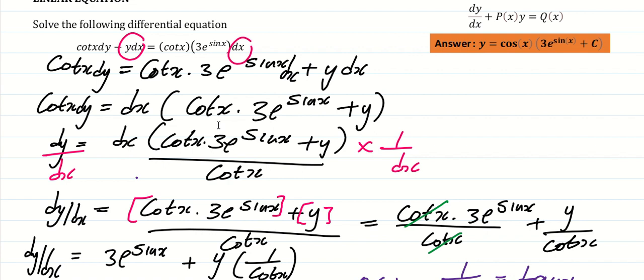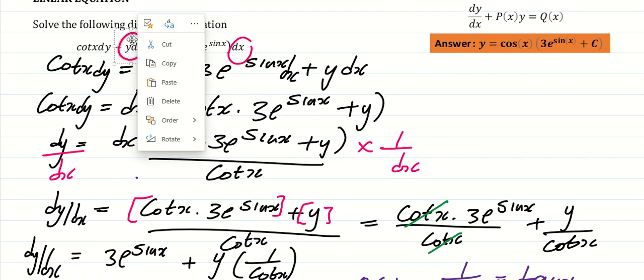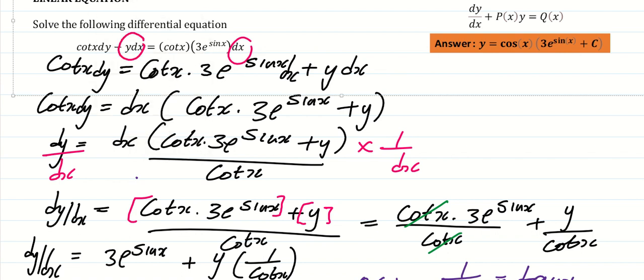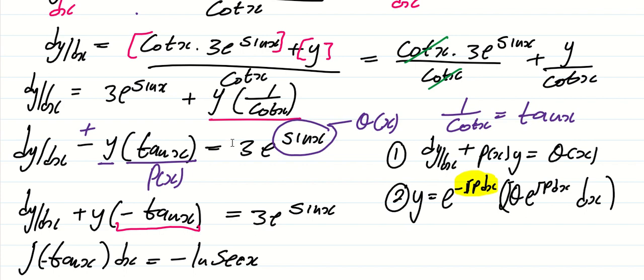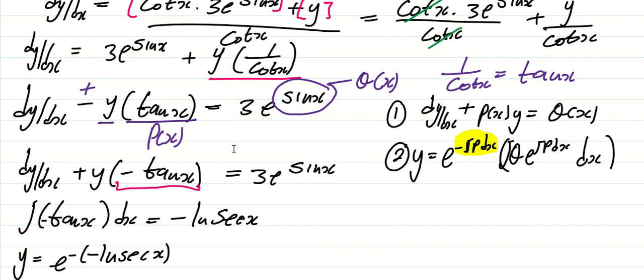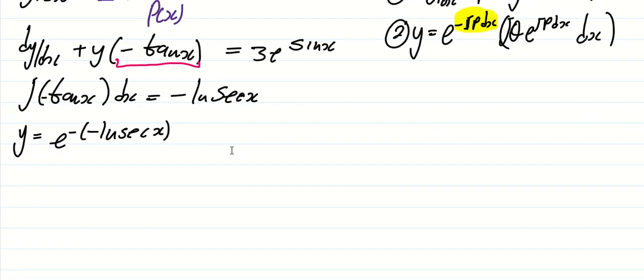Remember, our original had a minus there, and when you take it to the other side, it's going to be a positive y. Then we took it back, and it was a negative y again. So you've got that.